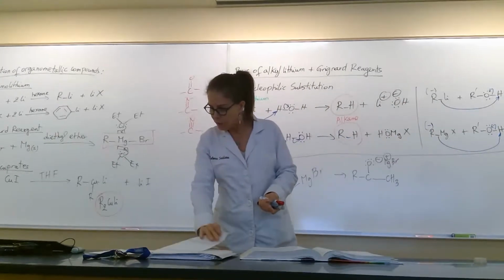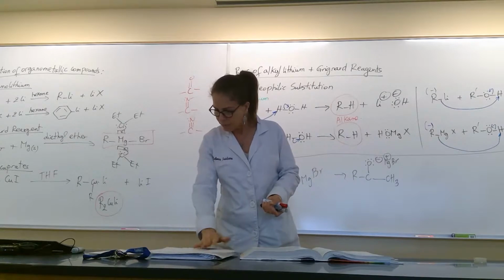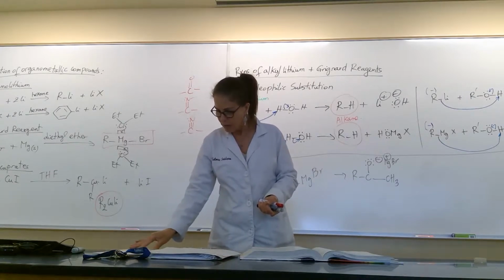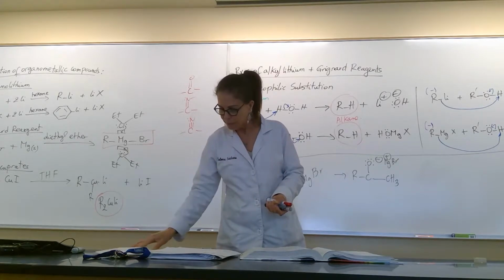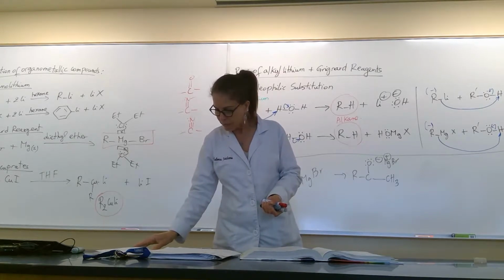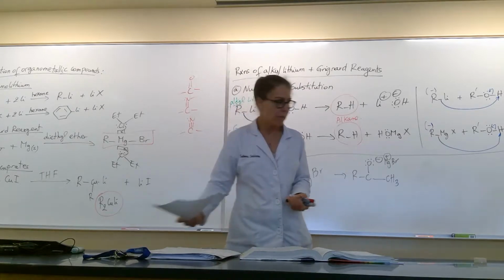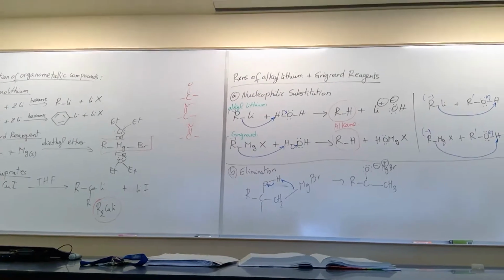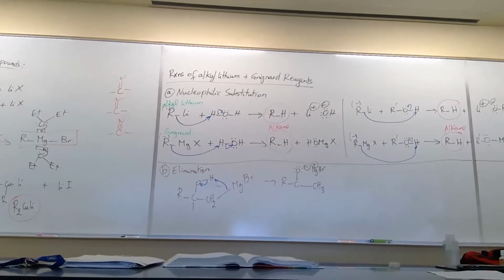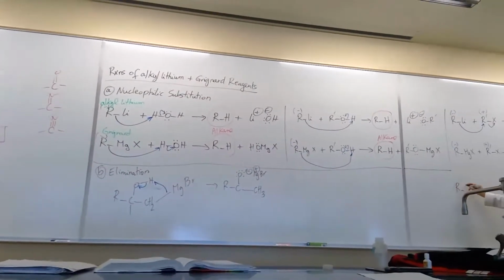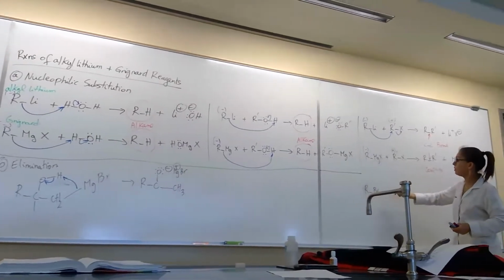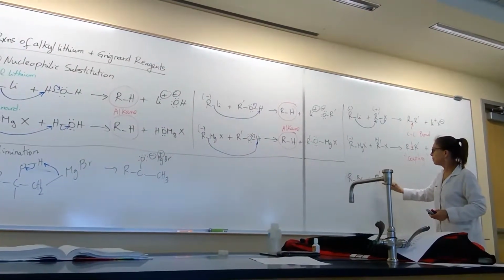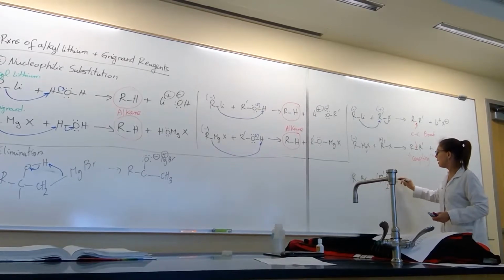So let's go to some of these. I'll put them, because I put these organolithium, organomagnesium. How about here, the Gilman? So I have R, Br, just like we did here, plus R prime 2 Cu Li.